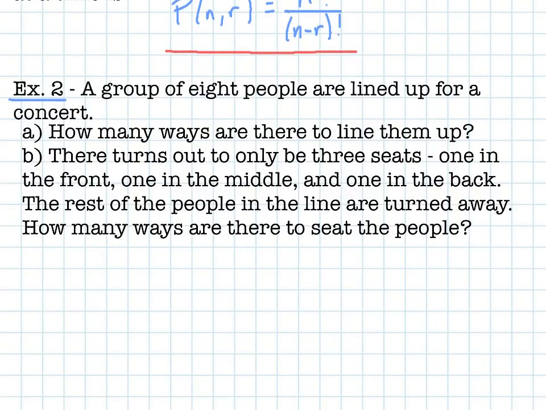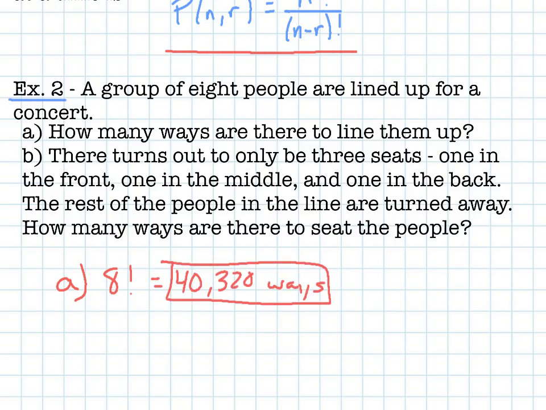So for the first one, since you're using all 8 people, and order does matter because Sally before Terry is different than Terry before Sally in this case, I would say 8 factorial. So 8 factorial will be 40,320. Okay.